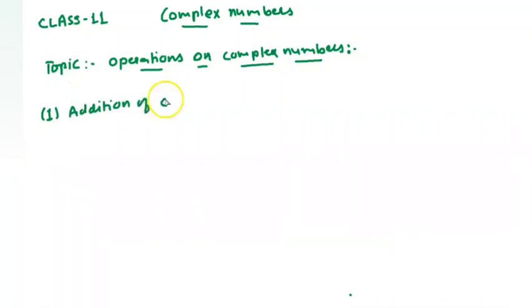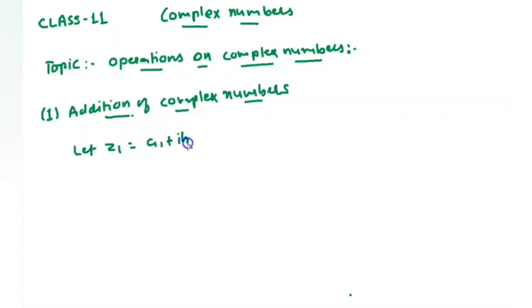Addition of complex numbers. Let us consider two complex numbers. Z1 is equal to A1 plus iB1 and Z2 is equal to A2 plus iB2.